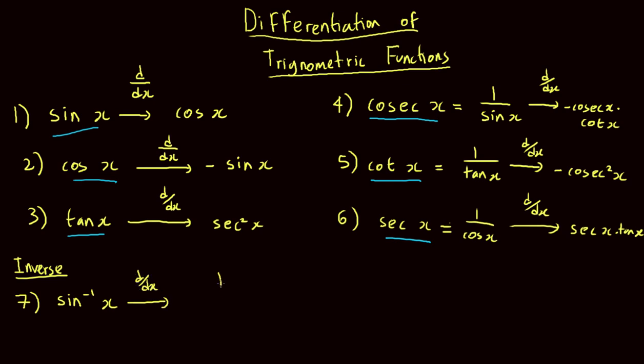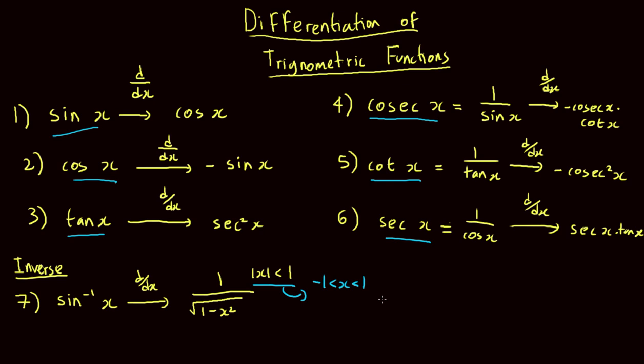It's not a trig function, it's just simply 1 over square root of 1 minus x squared, okay? Given that the modulus of x is within 1, meaning that x is between negative 1 and 1, okay?